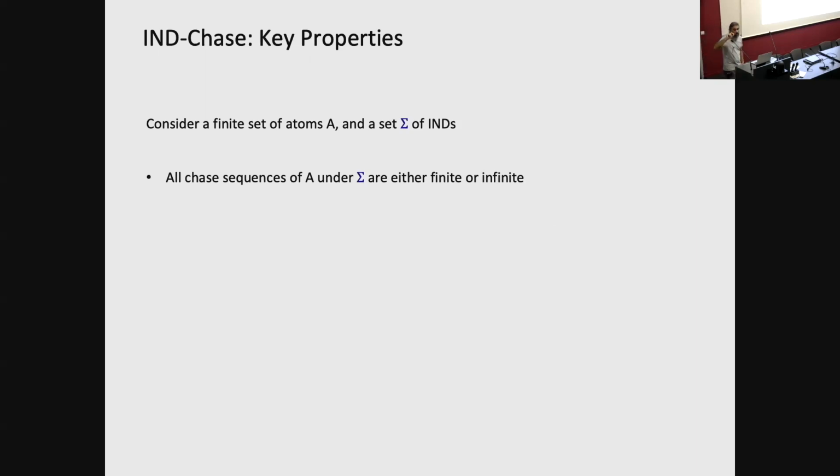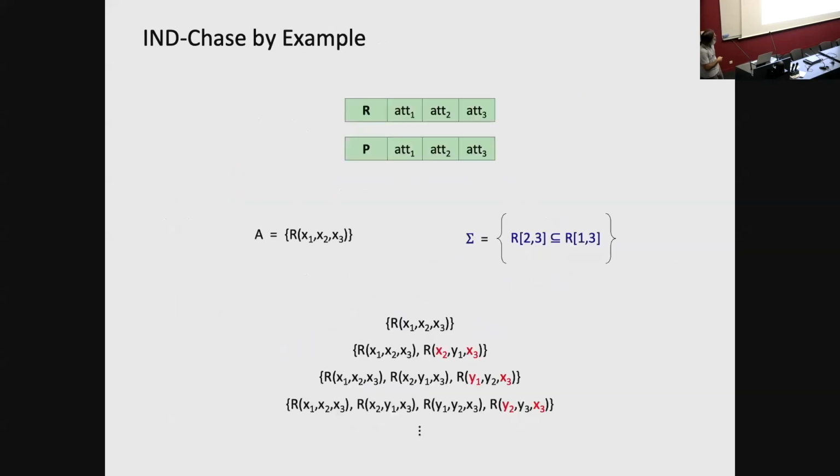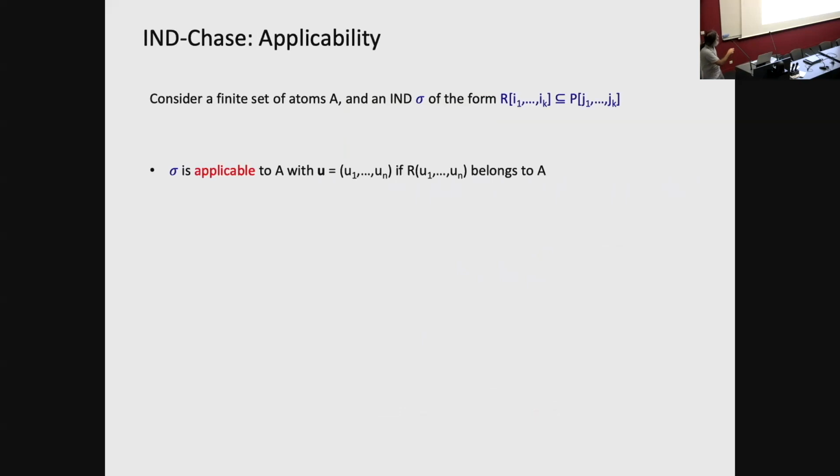Now, imagine that an inclusion dependency is applicable only if it's violated. So imagine that you have this inclusion dependency. Maybe it's a mistake that I didn't add an example. So this is our notion of applicability. As you can see here, we say sigma is applicable just because there is an R atom. Just because there is an R atom, I say it's applicable. But I didn't check whether there is also a P atom that satisfies the inclusion dependency.